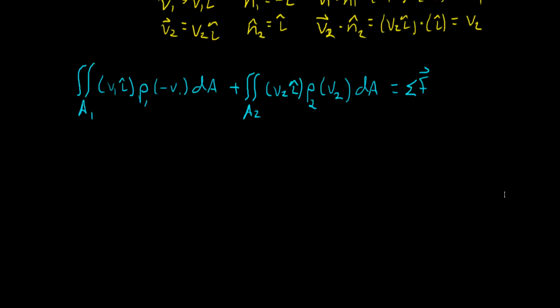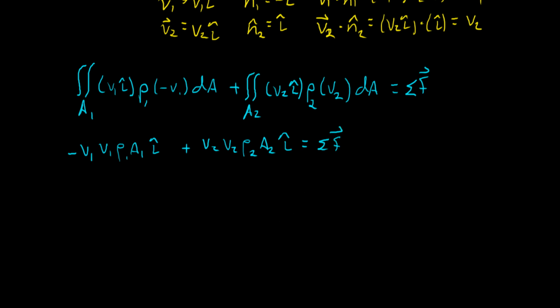All right, so let's work this out. These integrals, conveniently, since everything's uniform, we can pull things out, and so we're left with minus v1 times v1 times rho 1 times A1 times i hat. Over here, we can pull everything out, so we get v2 times v2 rho 2 A2 times i, and that's equal to the sum of the forces, which is what we're looking for.